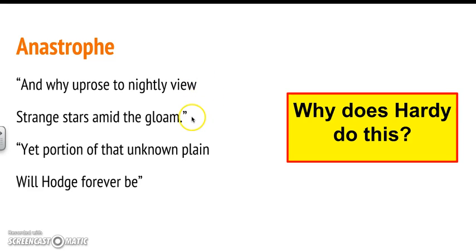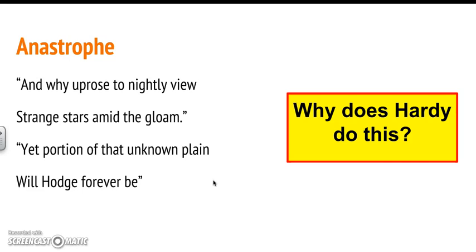So normally this should read, "strange stars amid the gloam, and why uprose to nightly view." And this should read, "Hodge will forever be a portion of that unknown plain." So you can see that Hardy has changed the word order of these two lines.